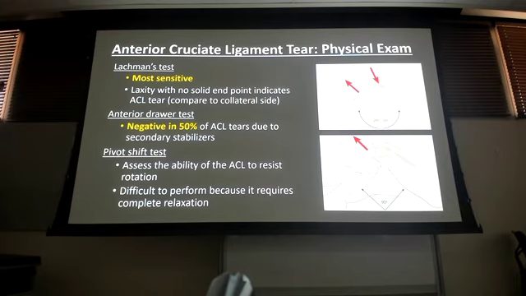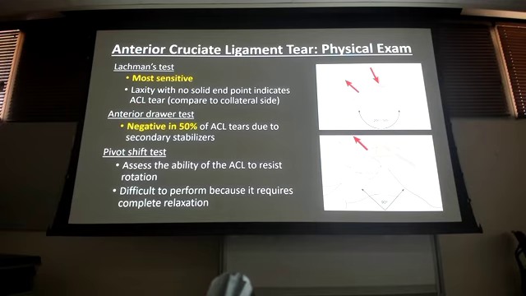But every semester someone tells me, I got it, sir, I nailed it, right? The reality of it is, in most patients you cannot get a good pivot shift test. Why? Because they keep firing the quad, they won't relax, you can't get them to relax, right? So when do we get a good pivot shift test? In the operating room where they're asleep, right? And then everybody gets a turn.